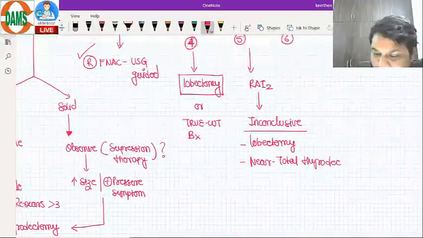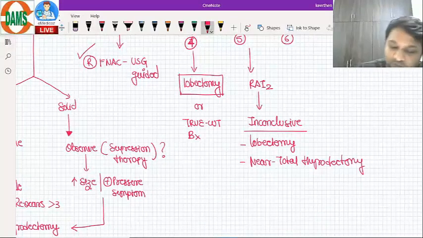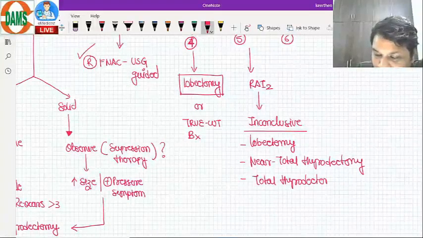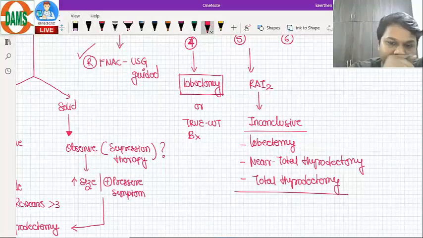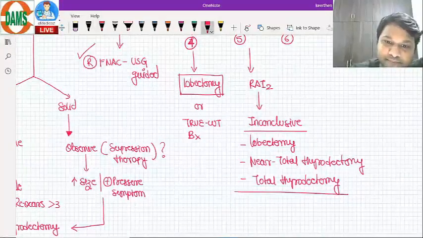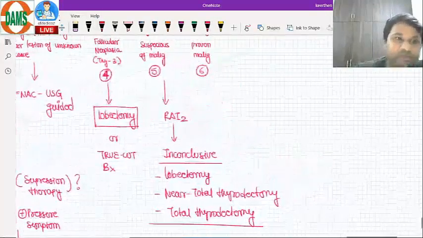Lobectomy, near total thyroidectomy or total thyroidectomy. All three are acceptable procedures. Right?